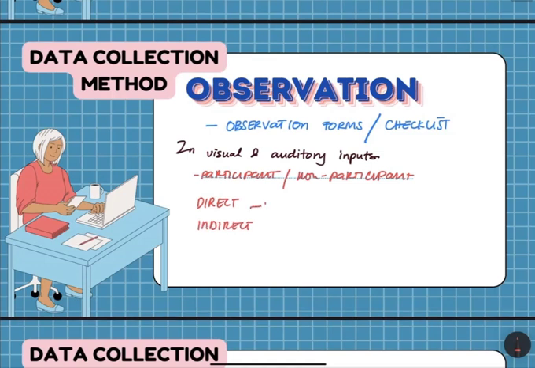So direct observation has something to do with time and place. The observer is within the time and the place of the observation. And then indirect, like a recording, the subject or the event that the researcher will observe is already finished in the past.